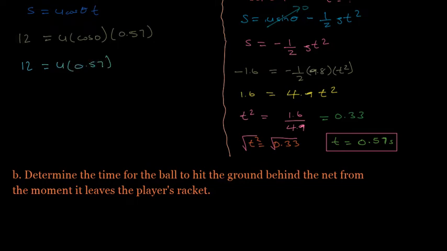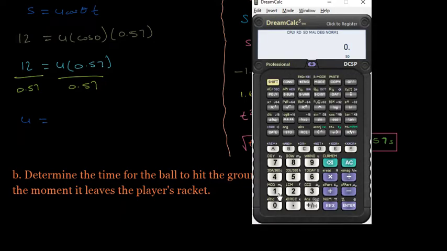Now, because we're trying to find u, we can divide here by 0.57, divide here by 0.57, and we're going to see now that u will be equal to, taking the calculator, 12 divided by 0.57, and we get an answer of 21 meters per second.